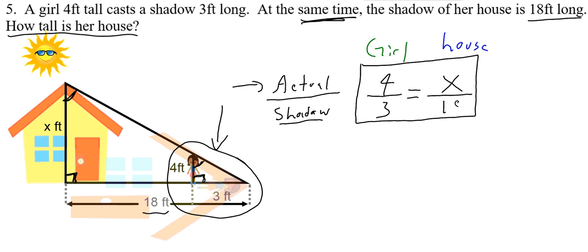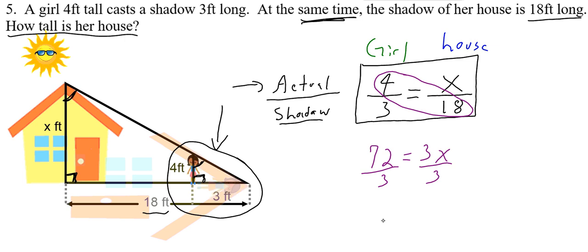So now that I have my proportion, it's relatively straightforward to solve it. So I do my 4 times 18, and I'm going to get 72. And then on the right side, I'm going to get 3x, divided by 3, divided by 3.